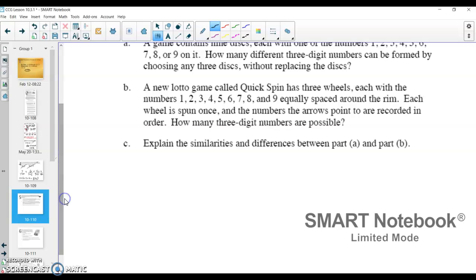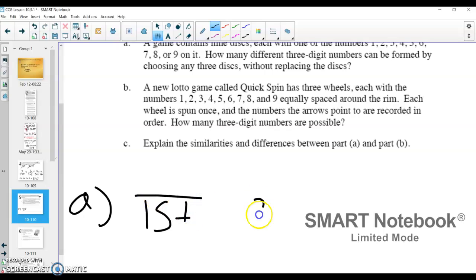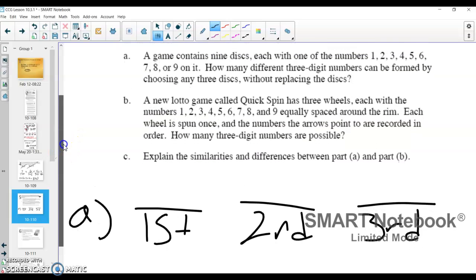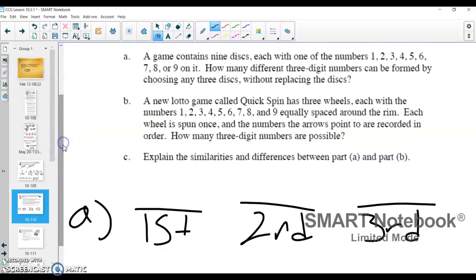That right there tells me that we're going to have 3 decisions to make. And so if I'm looking at A here, I have a first decision for the first one, a second, and a third decision, because I have a decision on the first digit, the second digit, and the third digit. On the first choice, or the first decision, I have 9 choices I could make. I could choose disc 1 through 9.